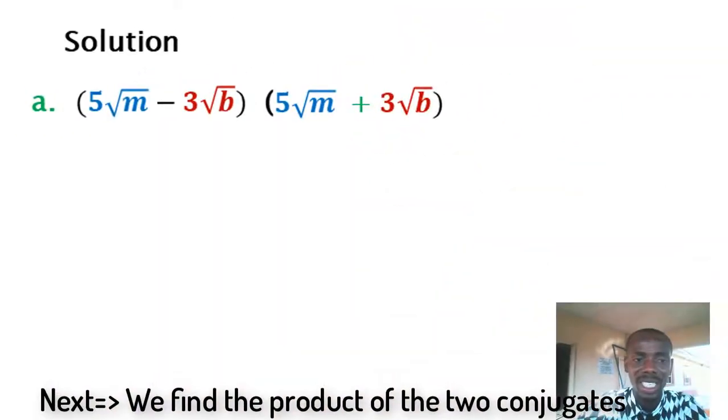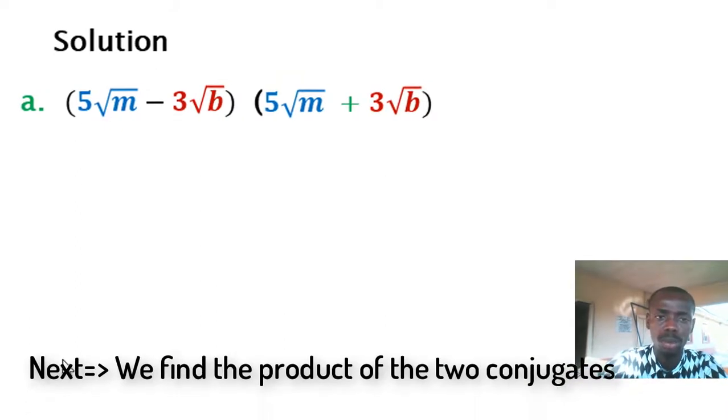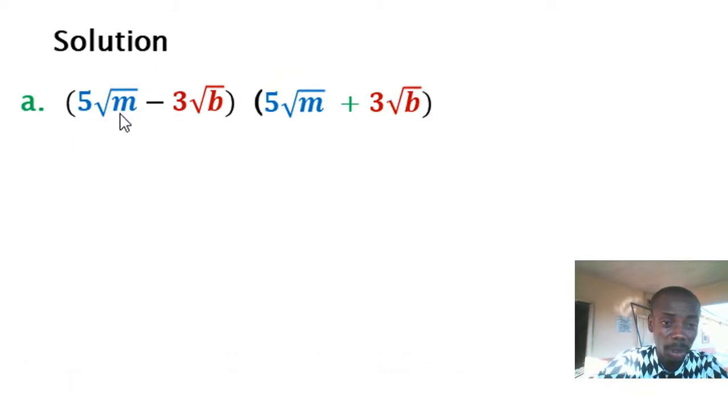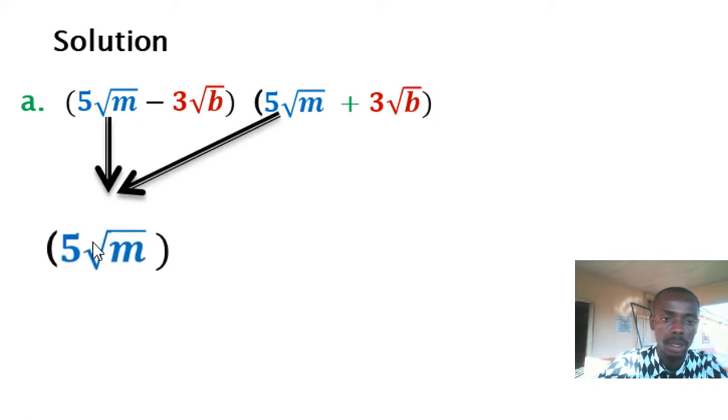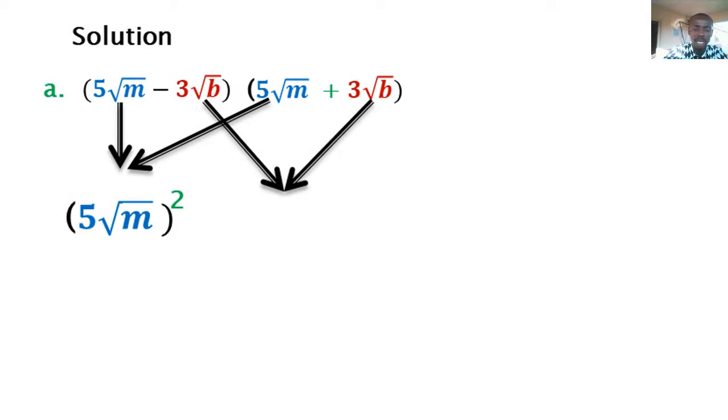Now the next thing we'll do is bring out the 5 root m in blue, just like this, and you square it. Then you pick the 3 root p in red, bring it out like this, just like we have here, and also square it.